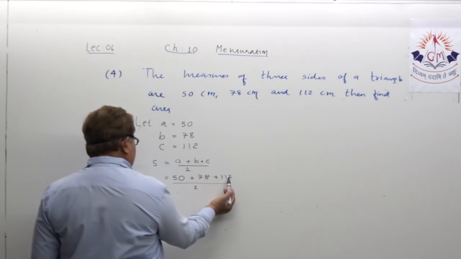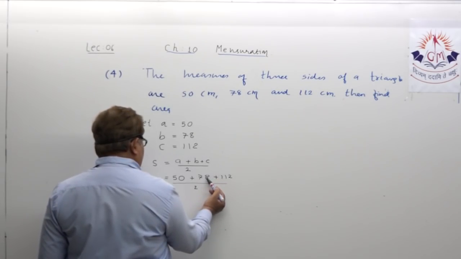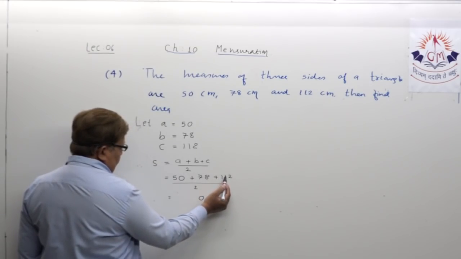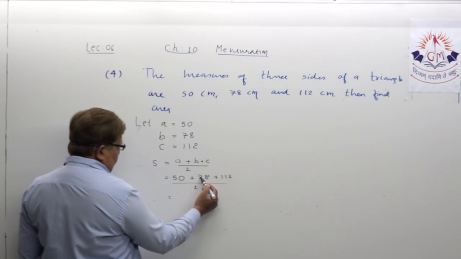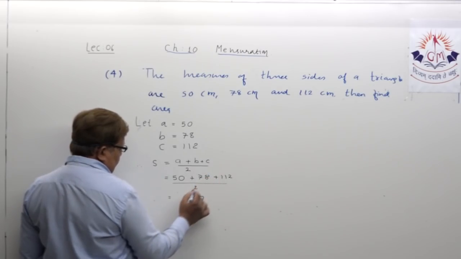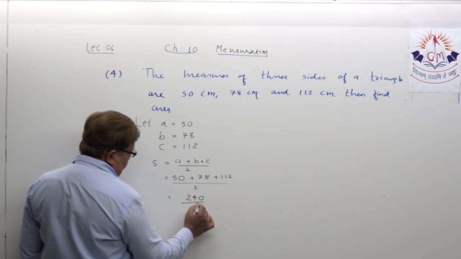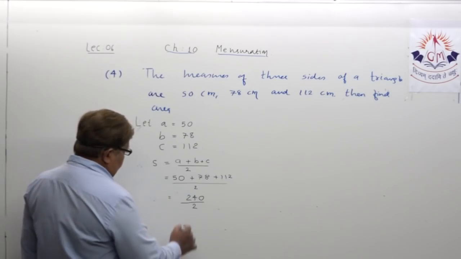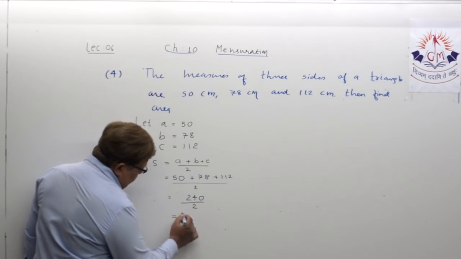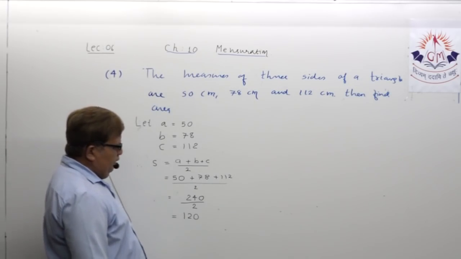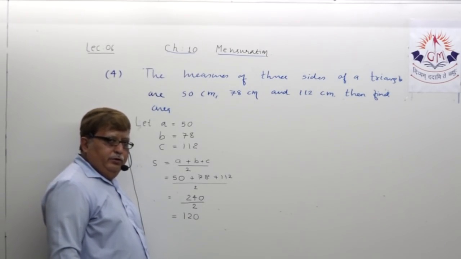Just add them. 2 plus 8 plus 0, that means 0, 1, 2, plus 7, 9. 9 plus 5, 14, 1, 1, 1, 2. 240 upon 2. Okay. Just cancel it. We'll get 120 centimeter. That's the semi-perimeter of this triangle.